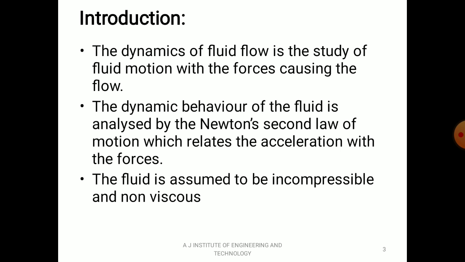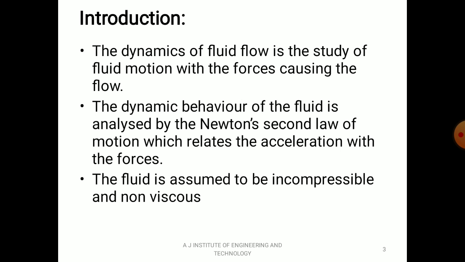The dynamic behavior of the fluid is analyzed by Newton's second law of motion, which relates acceleration with the forces. From Newton's second law, F equal to ma, we can get force in terms of mass and acceleration. m is the mass, a is the acceleration, and F is the force. The fluid is assumed to be incompressible and non-viscous.